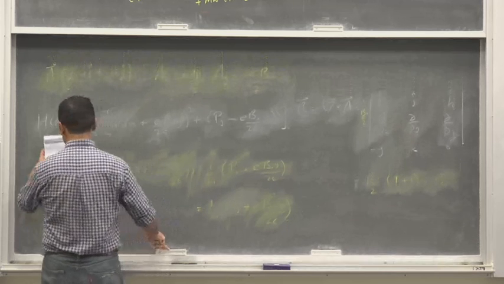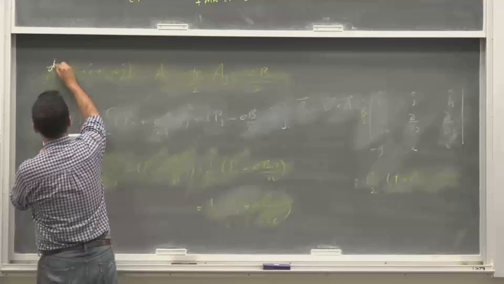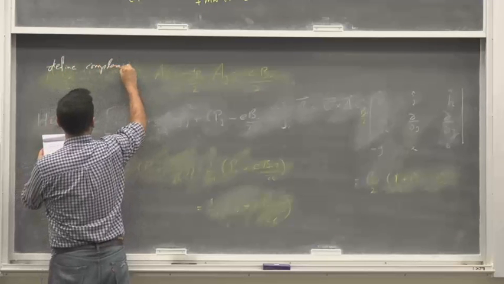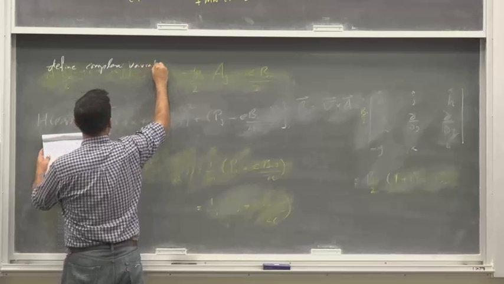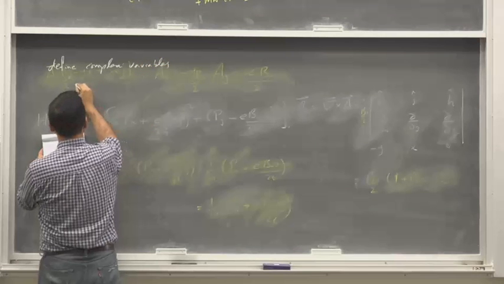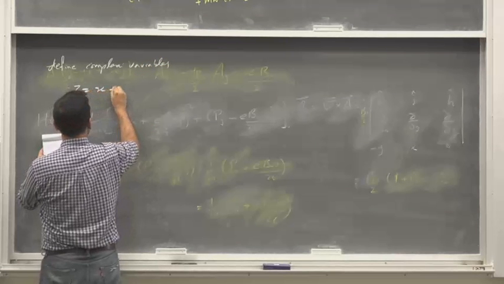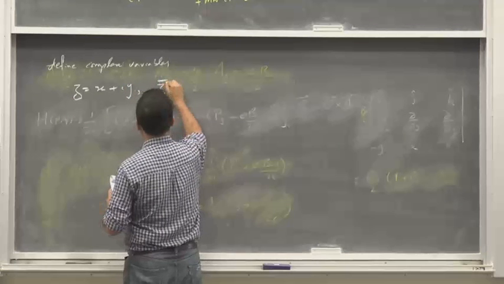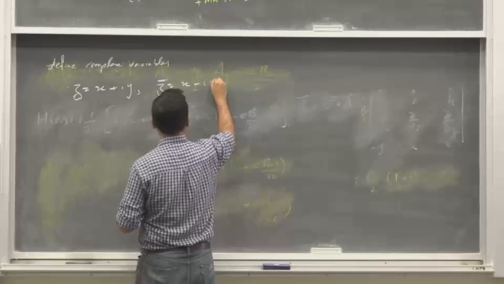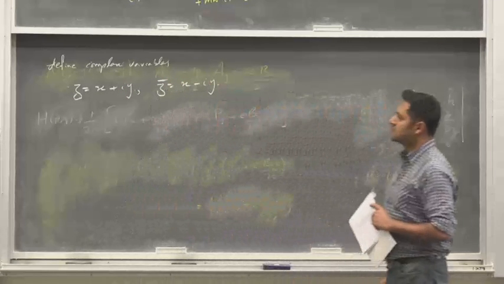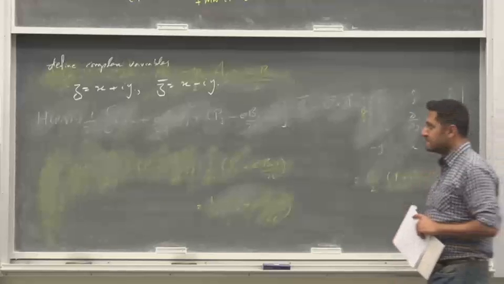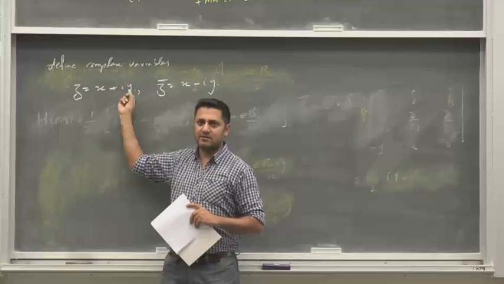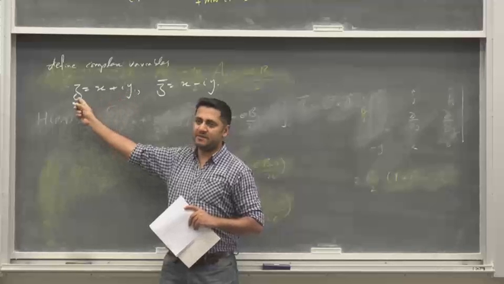And why it works? So define these complex variables. ठीक है, तो अब मेरे पास दो रियल वेरिएबल है x एंड y. तो दोनों को मैंने पैकेज कर दिया z में.